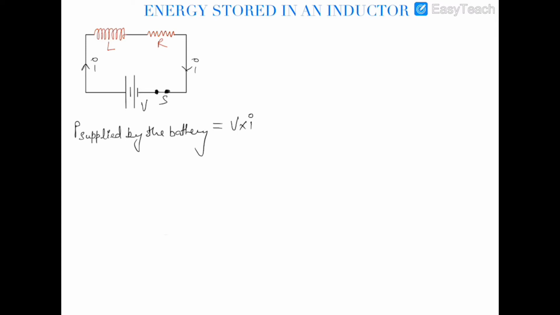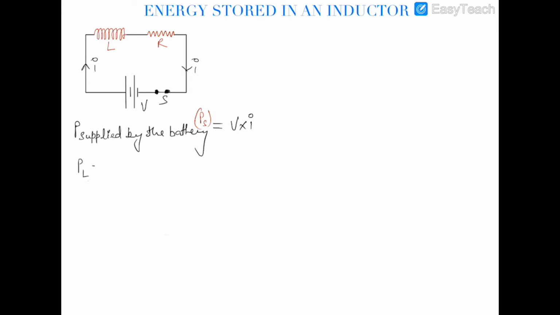Okay, so this power is being utilized into two forms. Let us give it some symbol. This is PS. And the energy which is stored in the inductor, and the rate at which the energy is stored, let's suppose it is PL.